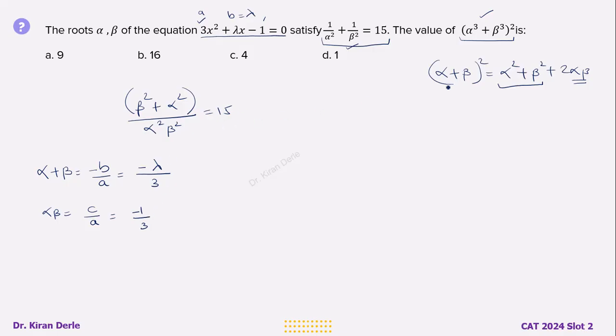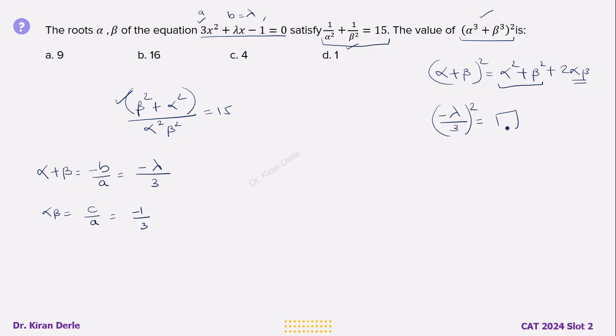Now we can put the values here. Let's do that. The sum of roots is this, squared, is equal to, this is what we want in the numerator.